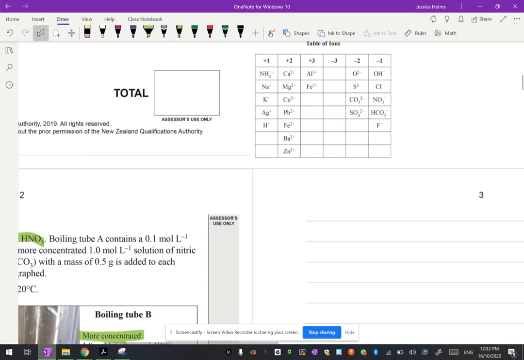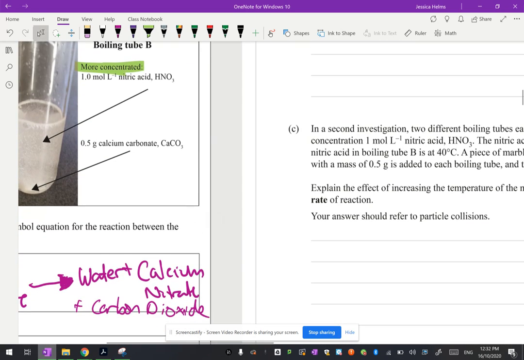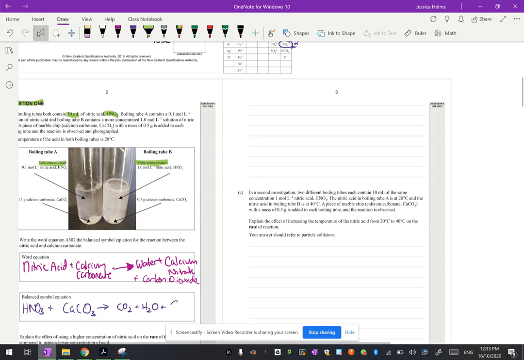So we can have a look at our table of ions. We've got calcium here and nitrate here. You can see that calcium has 2 electrons to give away and nitrate only needs 1. So that means that we're going to need 2 of these to balance it properly. So we're going to get Ca(NO3) with brackets and then 2 of those.